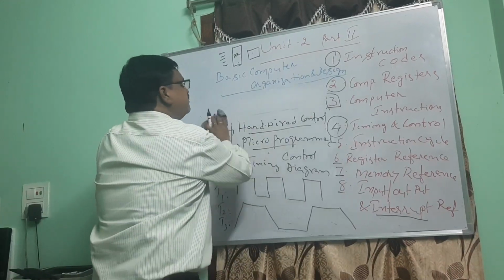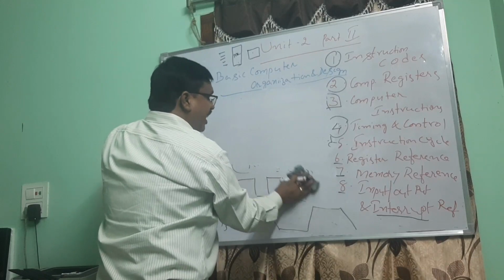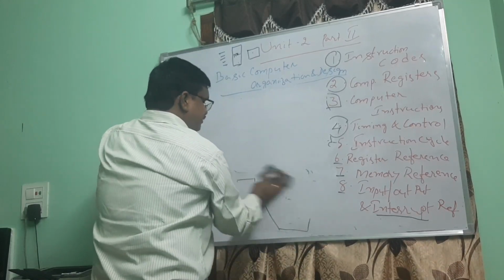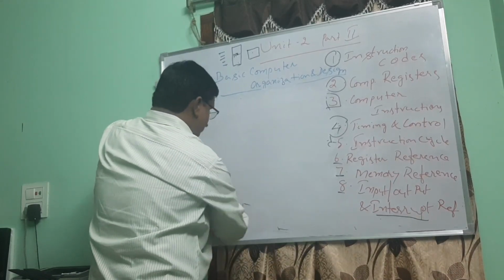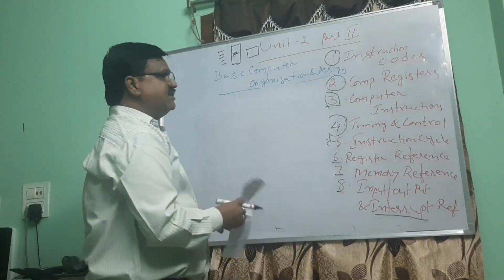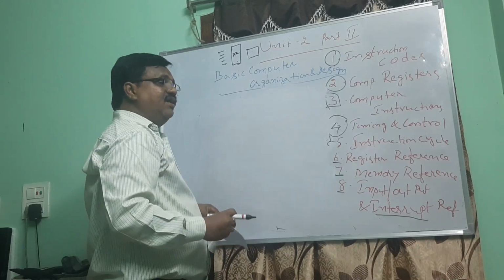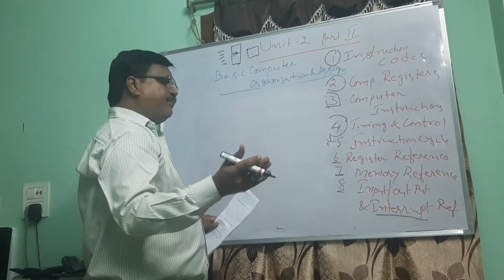that is instruction cycle. As I told you previously in the instruction codes, when I told you what is an instruction, what is a program, what is the instruction cycle, what is opcode, operand, all those things.